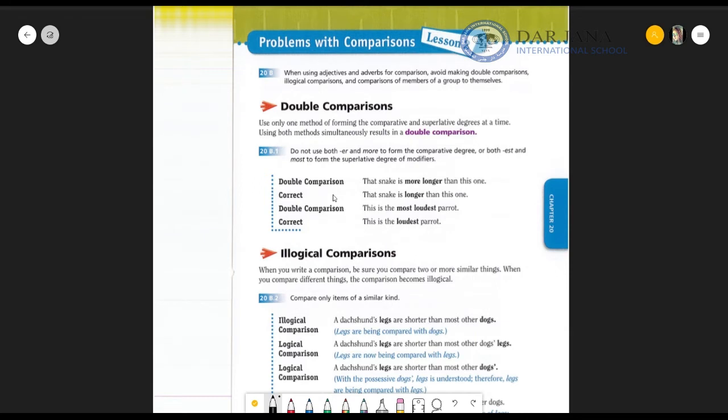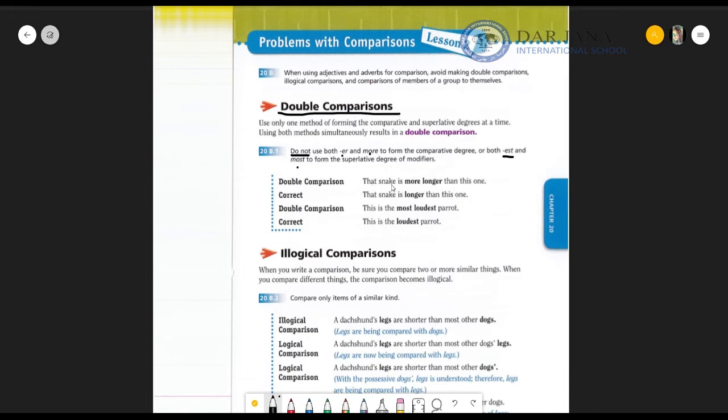Double comparison is when I use both forms of comparative and superlative degrees in one sentence, which creates confusion and creates an incorrect statement. So do not use ER and more in the same sentence, and do not use EST and most in the same sentence. Otherwise, you'll be committing a double comparison.